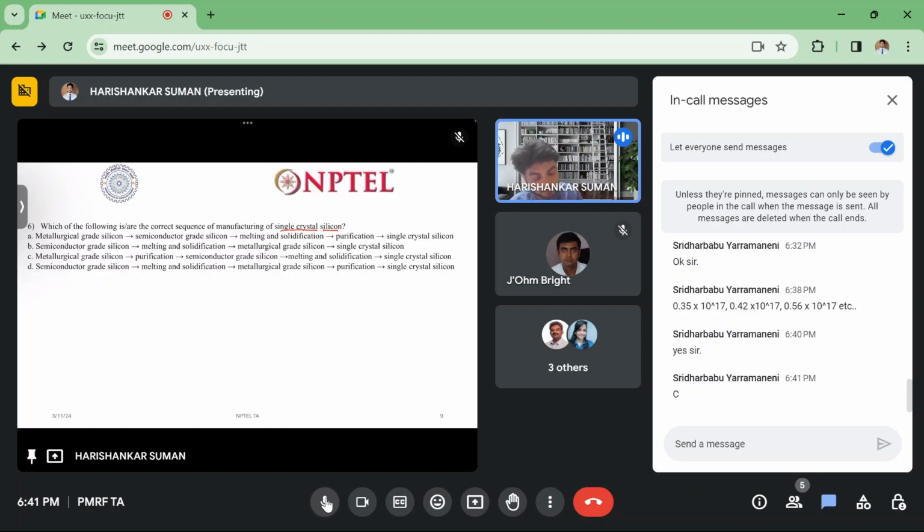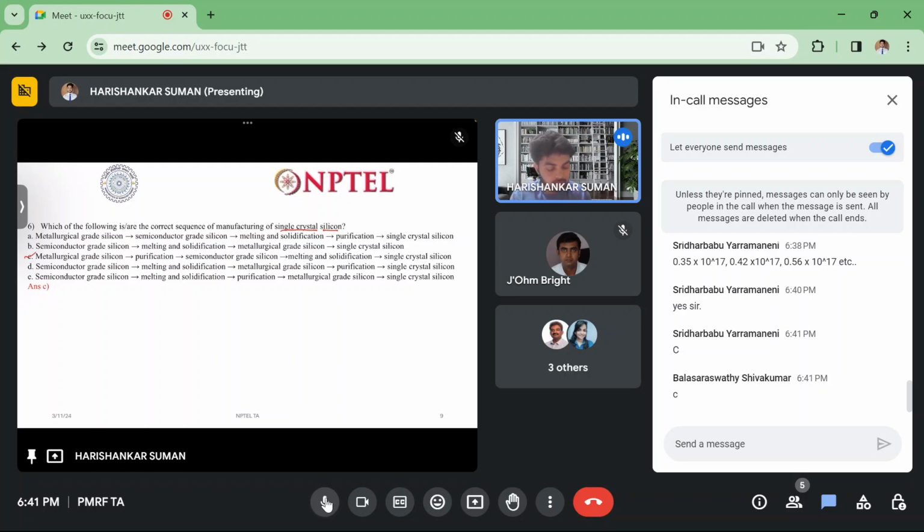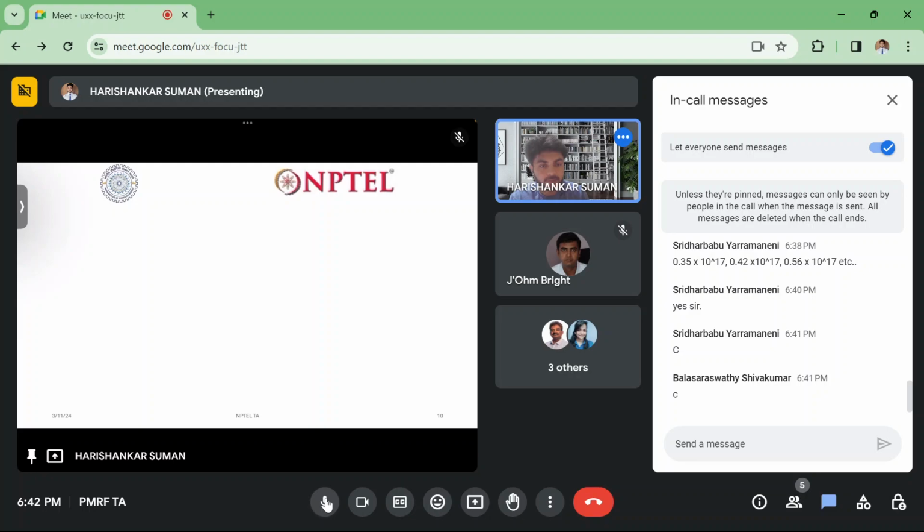Others, please answer. So C is correct answer. First metallurgical grade silicon, then purification, then semiconductor grade silicon, then melting and solidification, then single crystal. That's why this cost is very high, silicon wafer.